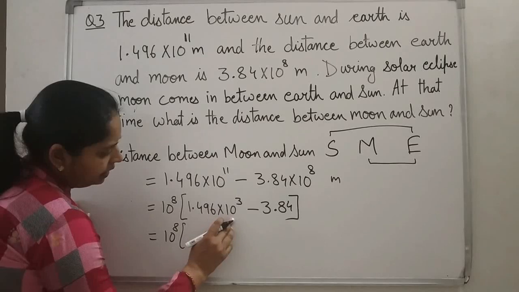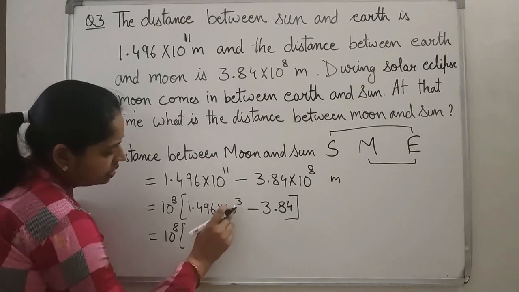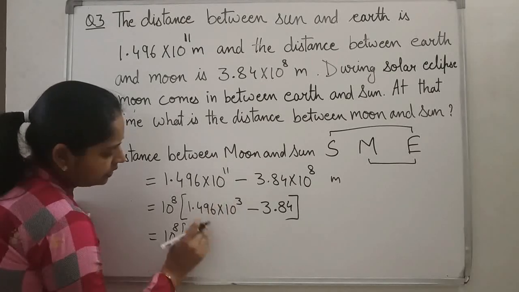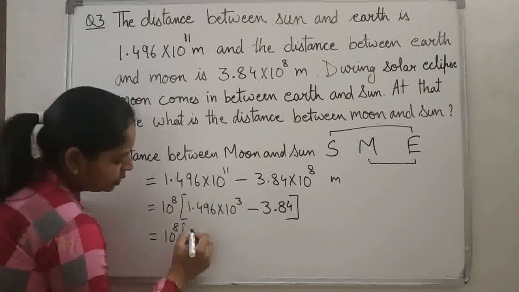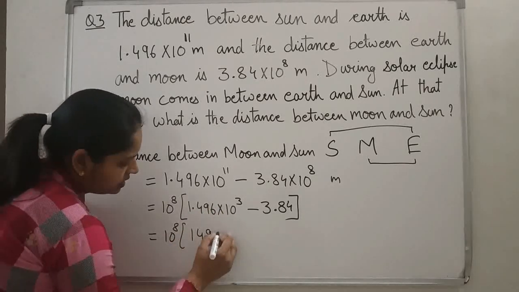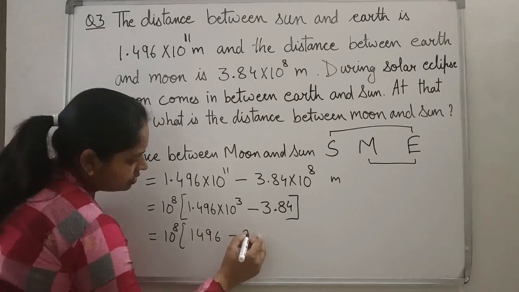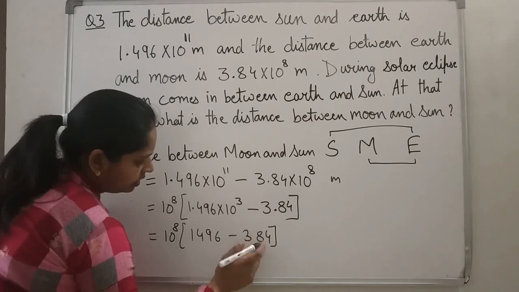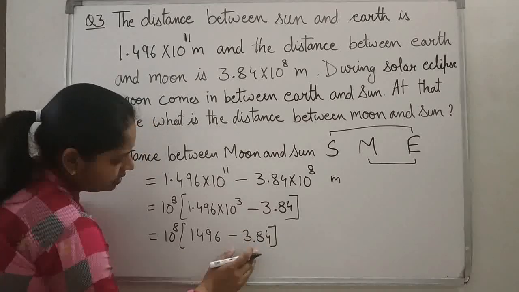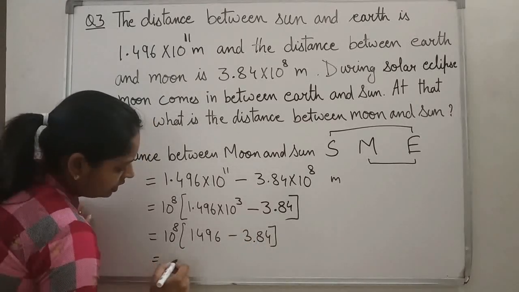Then see, 10 to the power 8. 1.496 multiplied by 10 to the power 3 will give you how much? 3 places with positive sign. So we have to move the decimal to the right hand side, 3 places. So your answer will be 1496 minus 3.84. You have to subtract. What answer do you get?